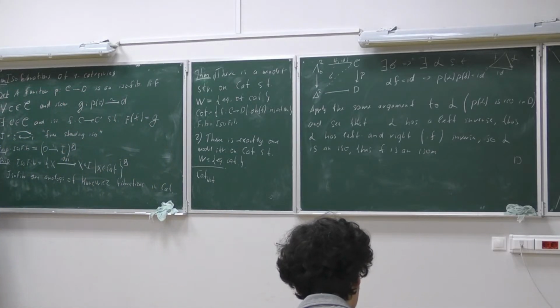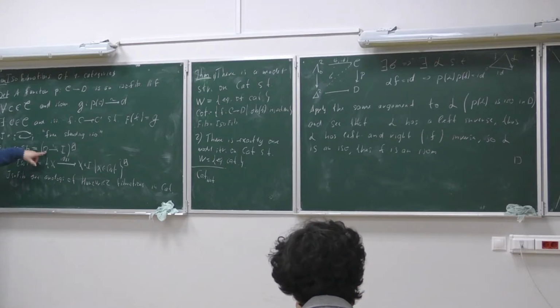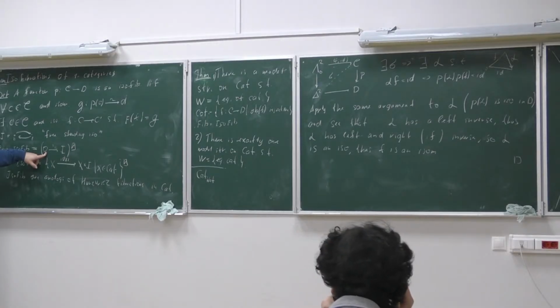This is because I is an equivalence. I mean, this map from the initial category to I is an equivalence. This one? Yeah, this is an equivalence of categories, yes.